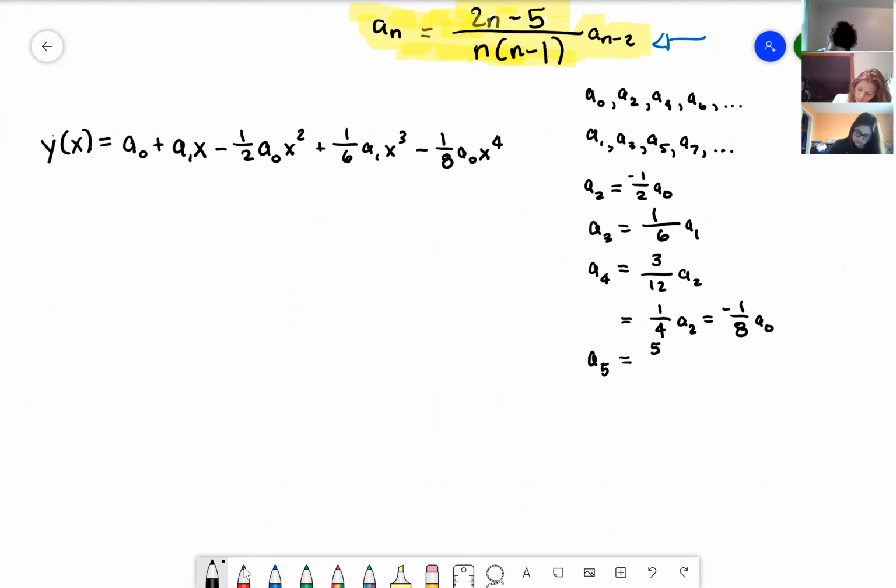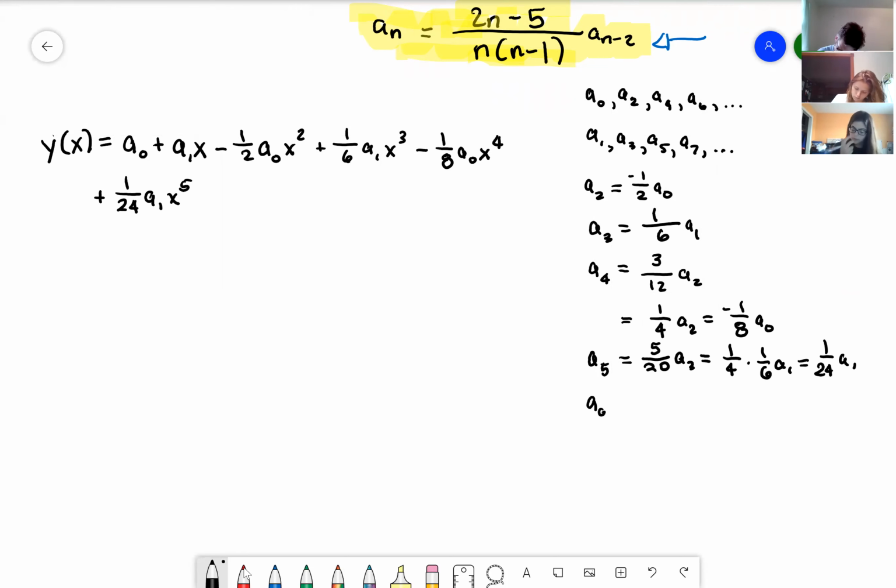So 5 times 4, that's 20. a3, so that's 1/4 times a3, or 1/24 a1, right? Yes. x to the 5th. And the next one should be for the a0 terms.